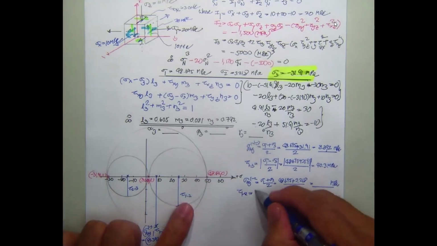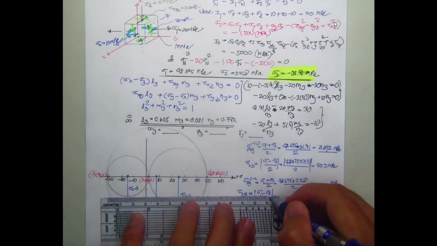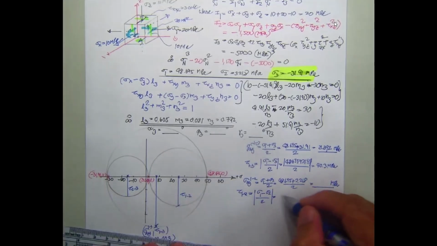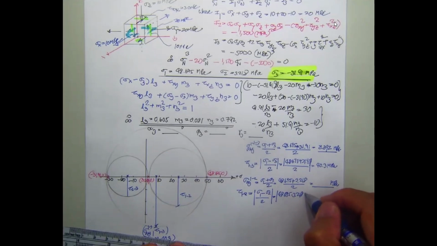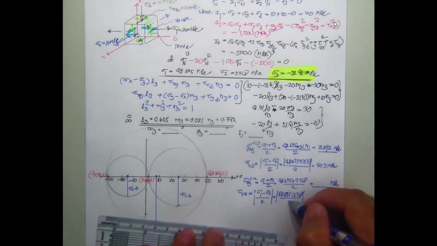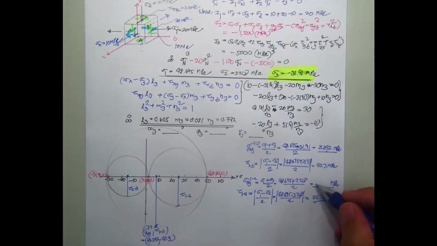It's going to be absolute sigma 1 minus sigma 2 divided by 2. That's 48.695 minus 3.218 divided by 2. You should get 22.74 megapascal.